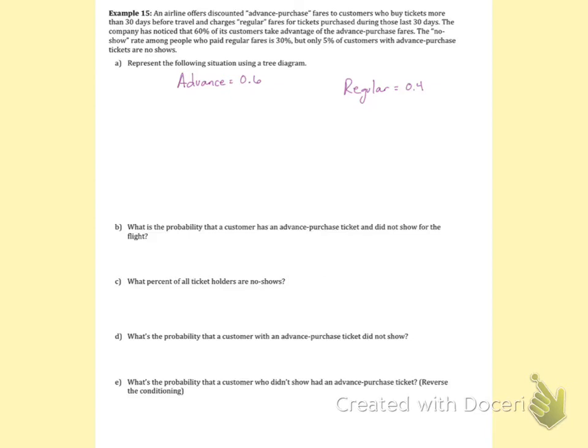Now we're looking at between each of these, we're looking at people who show up for the flight and people who don't. So we're going to look at those that show up and the no-shows for each category. So it says that 30% of people who paid regular fares didn't show up.